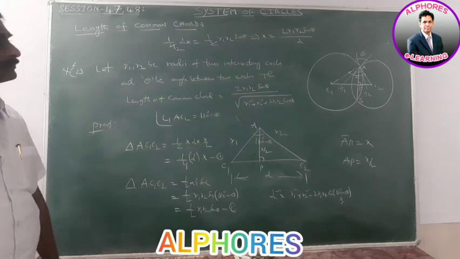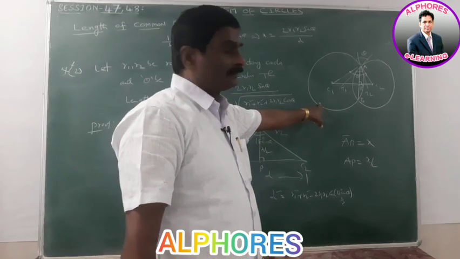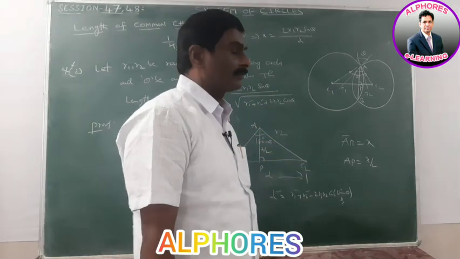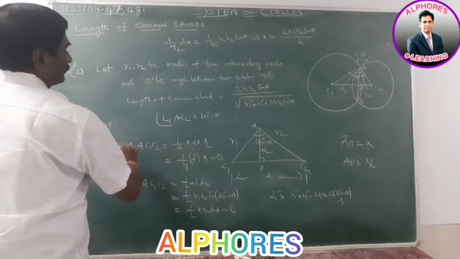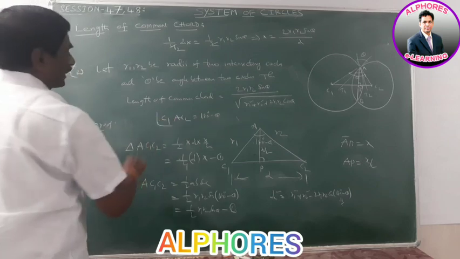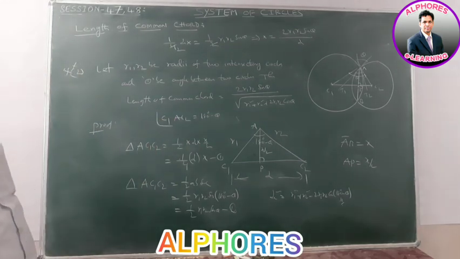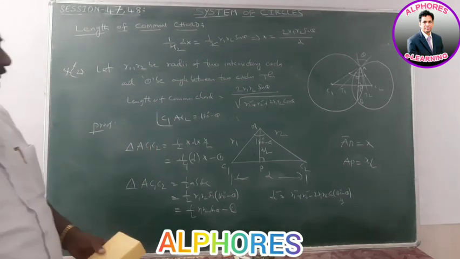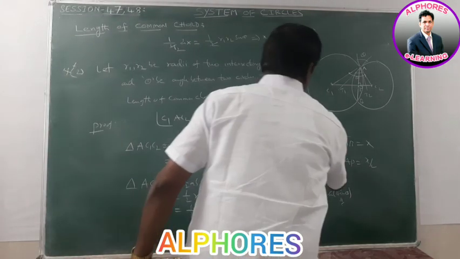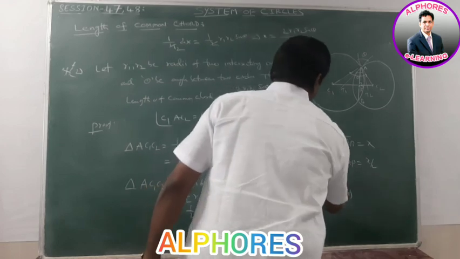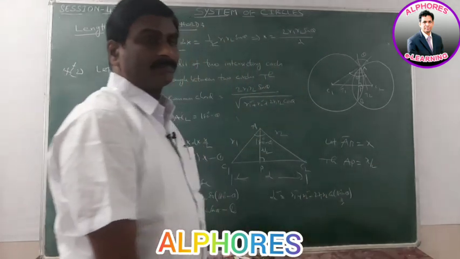Proof. Please note the diagram. From the adjacent diagram, angle C1AC2 is equal to 180 minus theta. Let AB be equal to x. Then AP is equal to x by 2.